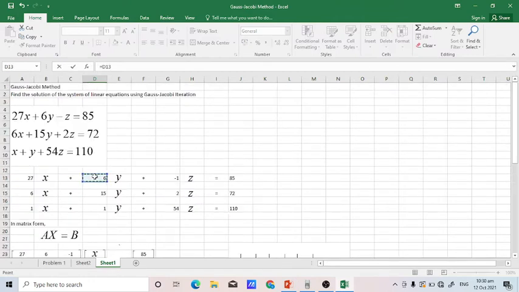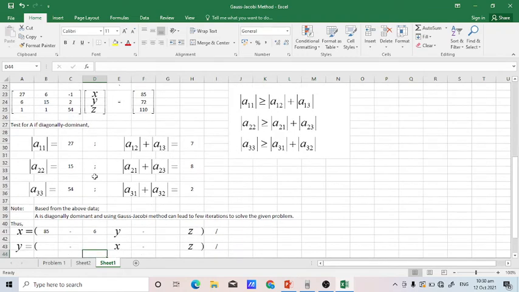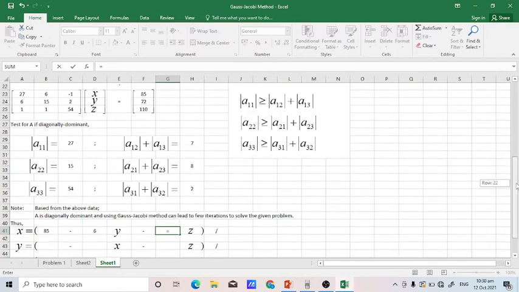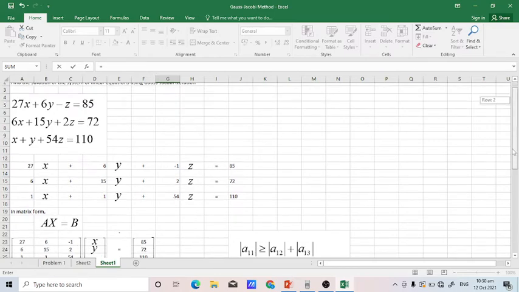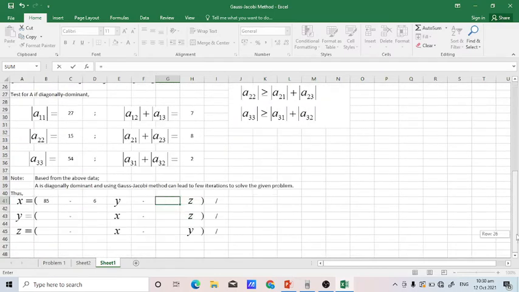Minus 6y. Okay? And then, minus blank z. Minus negative 1z. Minus negative 1z na siya pag tinranspose mo. Yung minus negative 1z plus z yun. So, ano yun natin?